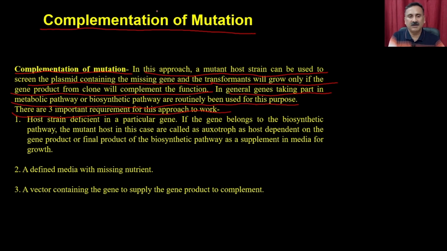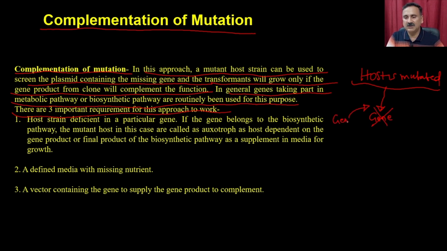So what is the complementation of the mutation? The host is mutated for a crucial gene, so this host will not grow until this particular gene product is supplied, because it is actually missing this gene.